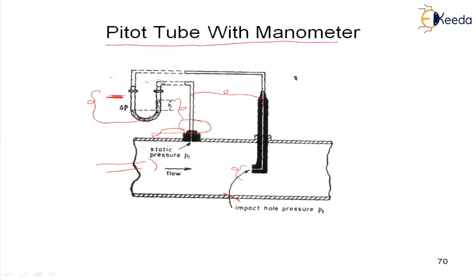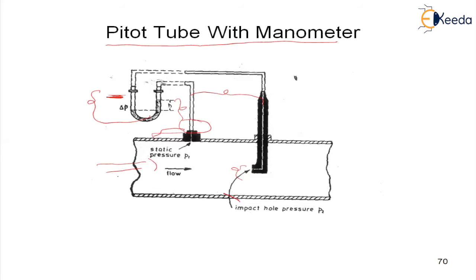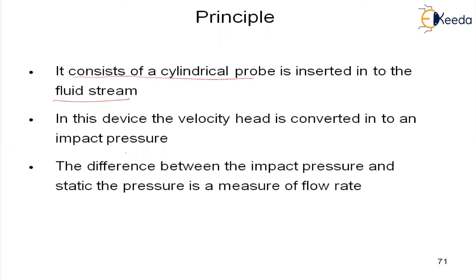Whatever manometer is used, the difference in the pressures is given by the height. It consists of a cylindrical probe that is inserted in the fluid stream. See here, this is the cylindrical probe which I have connected. This device converts the velocity head into the impact pressure, my dear students.